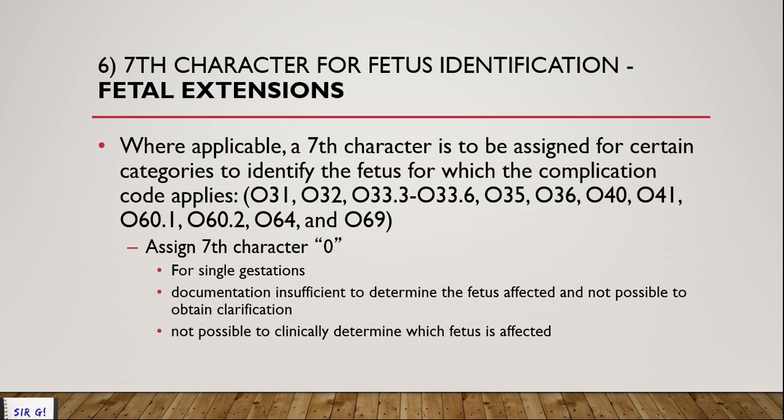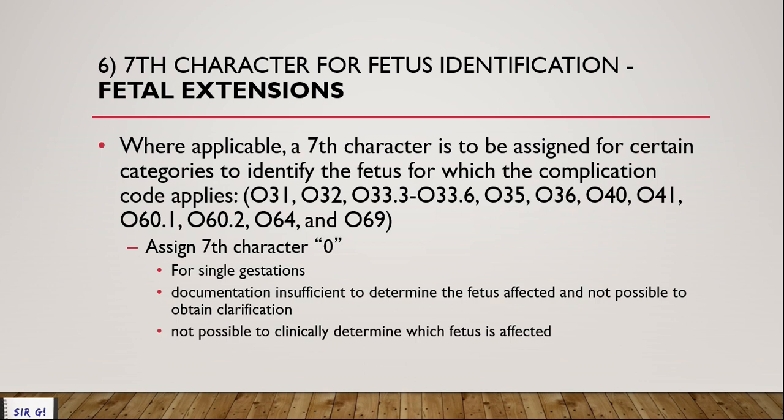Now, sir, are we talking about the fetus, correct? Yeah. Why are we going to use this for the mother's side? Guys, because remember, the baby is still in the womb. As long as the baby is still in the womb, it should be coded under your O codes on the mother's side because the baby is not yet a separate one. It's still one. For single gestation, you need to use your 0, but the purpose of this fetal extension is just to identify what fetus is being affected by a certain condition.